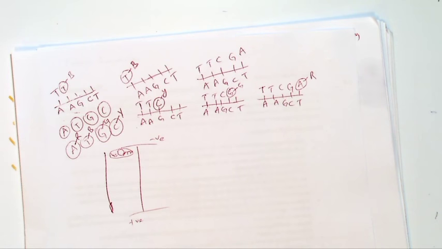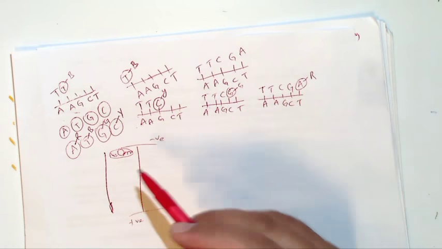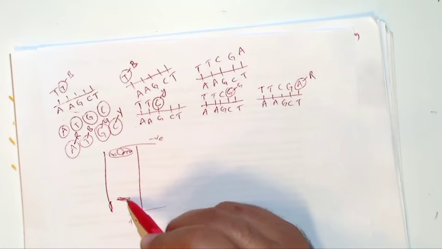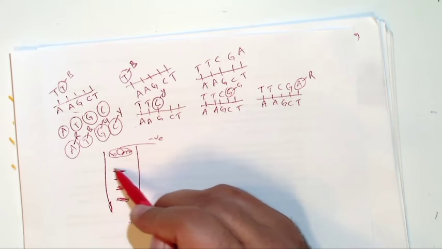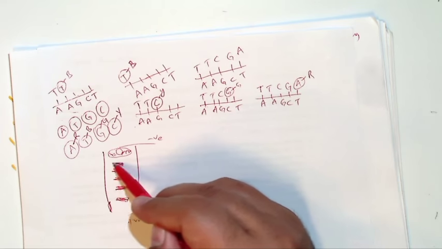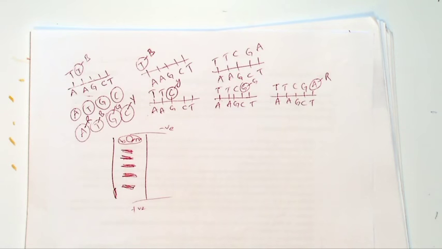When you apply voltage through the gel and they move towards the positive side, the ones which are smaller in size can actually move further in the same time. The ones which are lengthy will take more time to pass through the gel under the same voltage. So once you put them in a gel, you will see that there are some bands created, and those bands are created based on their sizes.